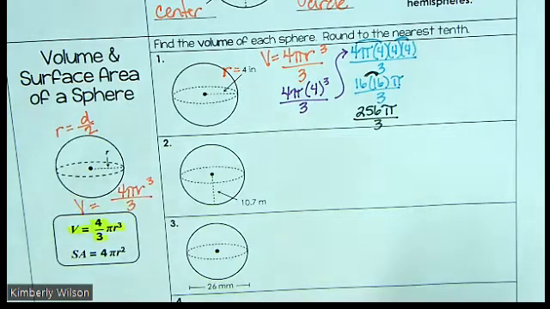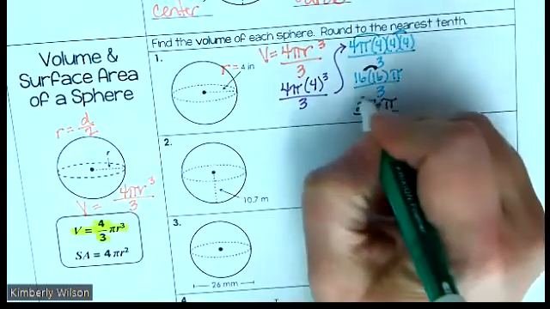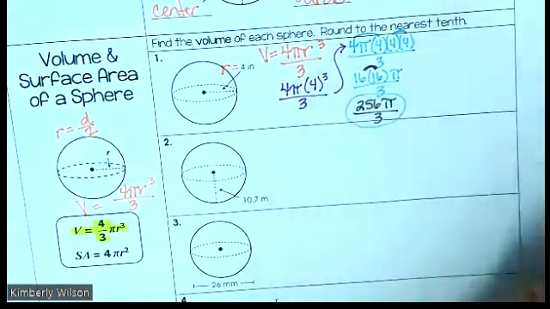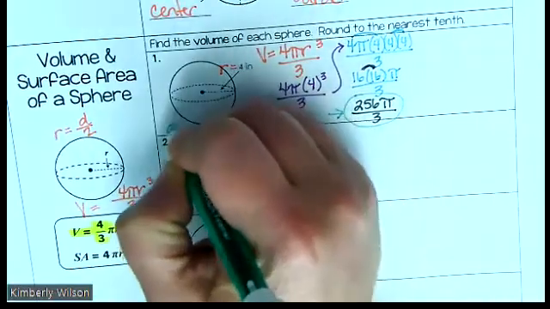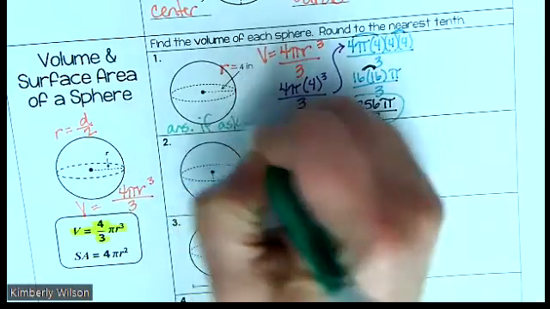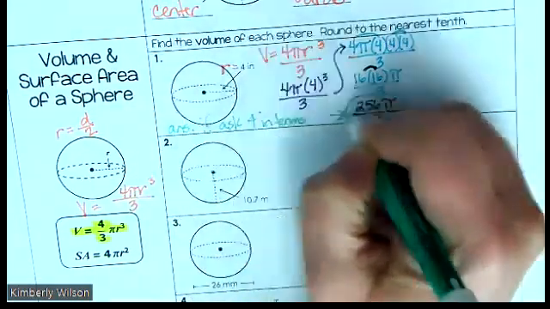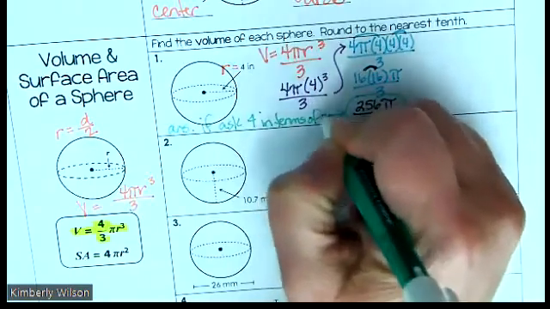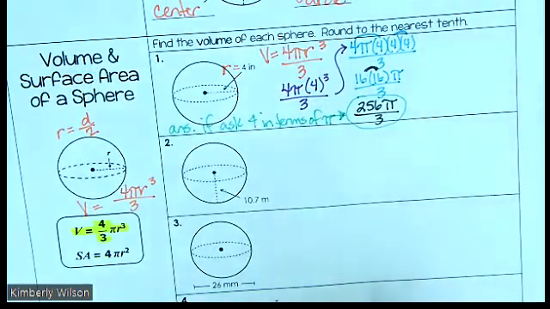Oh, no, it's not. So now is the point, okay? This would be an answer right here. If it asks for the answer in terms of pi, this would be the answer, but we don't need that.